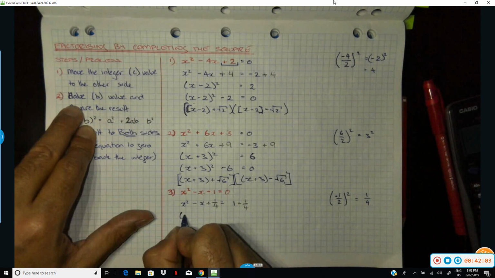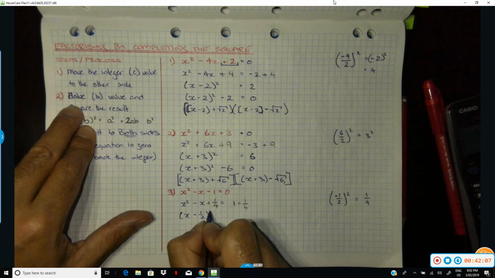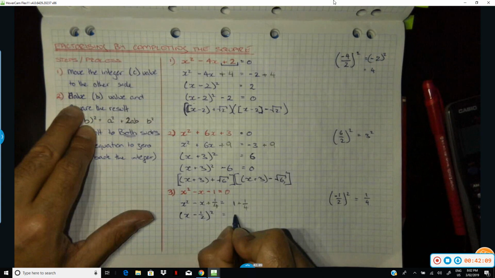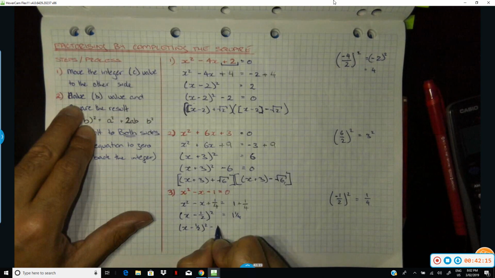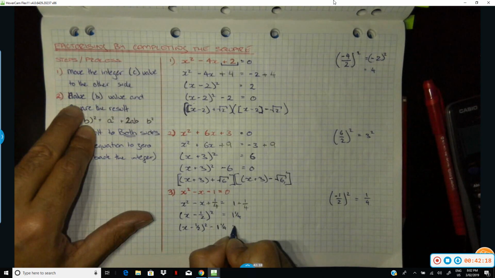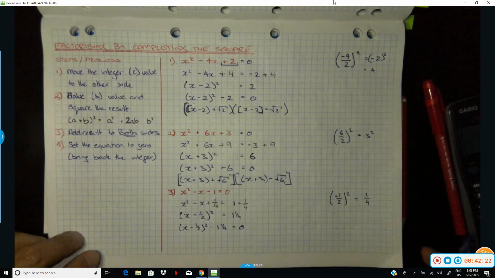So this will be x minus a half squared, and this is 1 1/4. x minus a half squared minus 1 1/4 will equal 0. And I can keep going. I can do that as well.